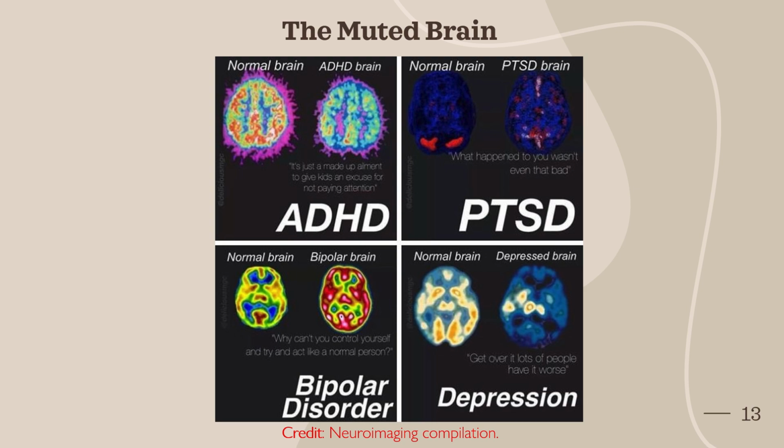This results in hyperacuity, where a person might report that colors look incredibly vivid and bright, almost like they're glowing. They might be able to hear a clock ticking in the next room as if it were right next to their ear. While this might sound interesting, it's actually physically painful and overwhelming for the brain.